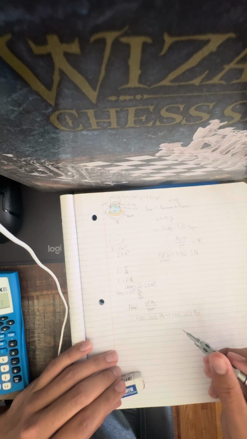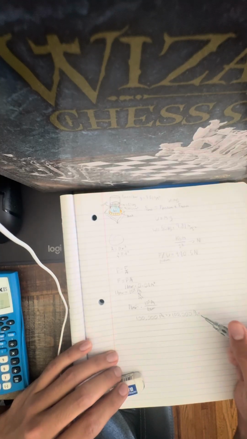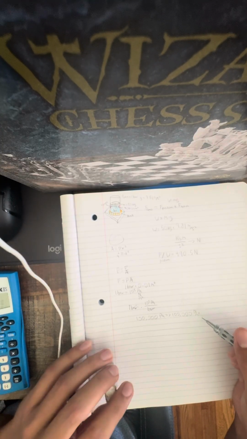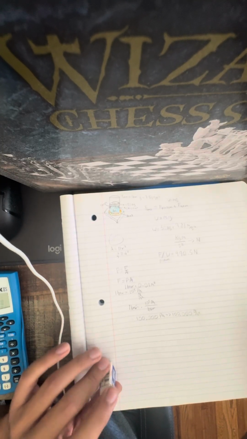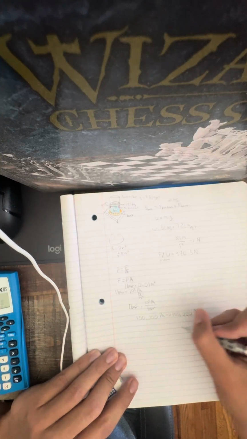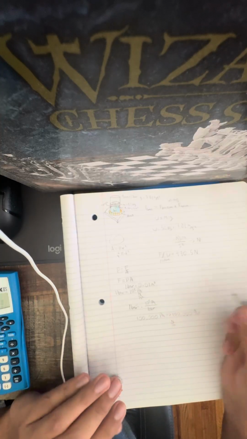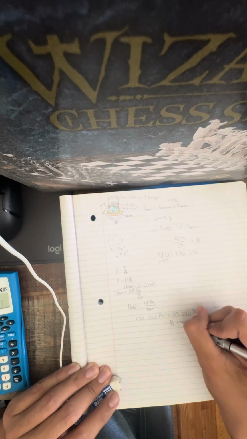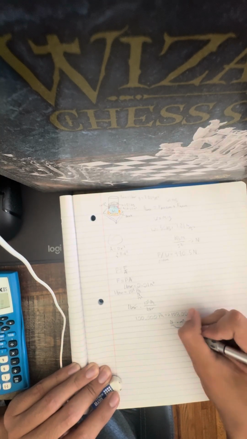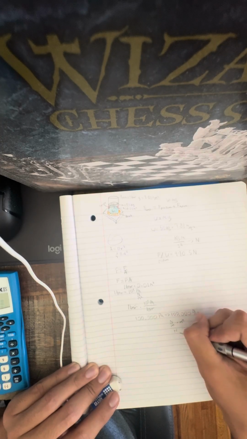We successfully converted it to Pascal, and Pascal is just Newton over meter squared. So now, simply looking at our units, just to prove that they cancel, we end up with Newton.